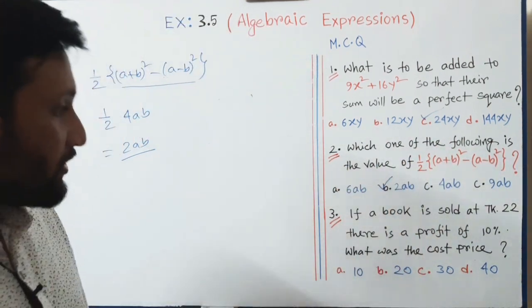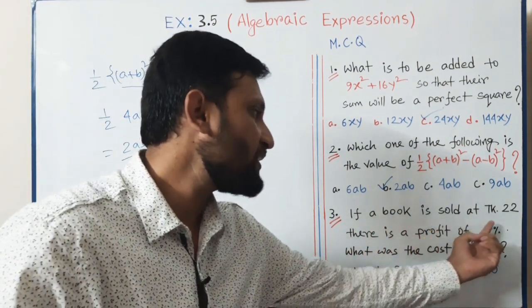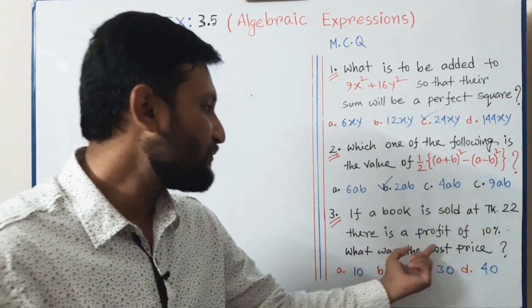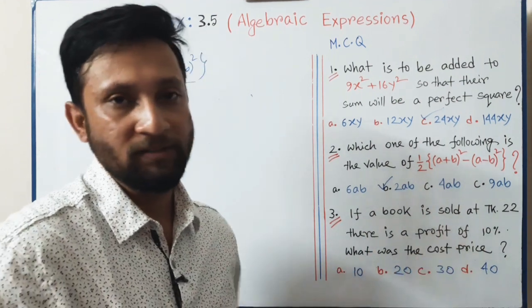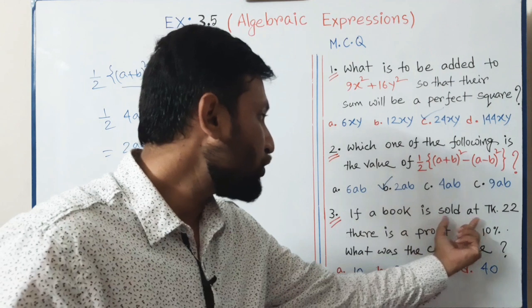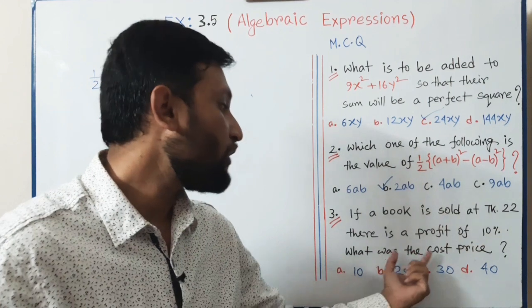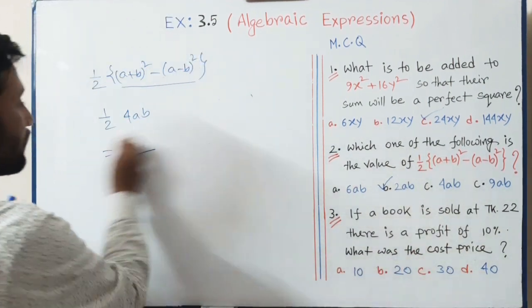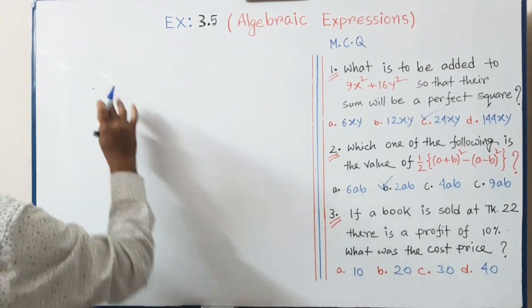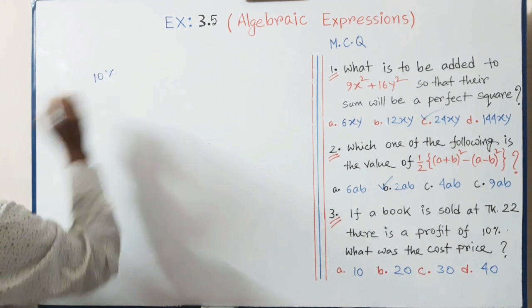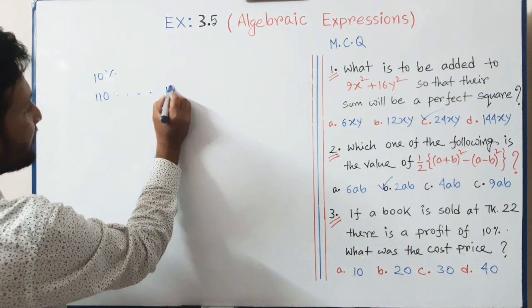Then the third question. If a book is sold at taka 22, there is a profit of 10%. What was the cost price? So in this question, the selling price is 22 taka and the profit is 10%. If there is 10% profit, we can say that selling price 110 taka means cost price 100 taka.